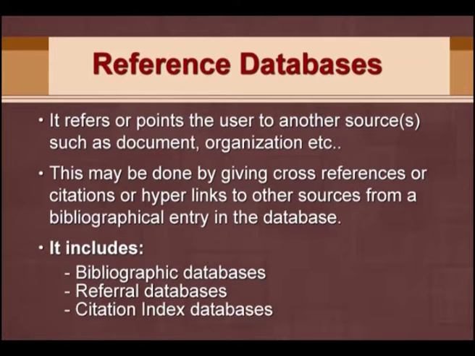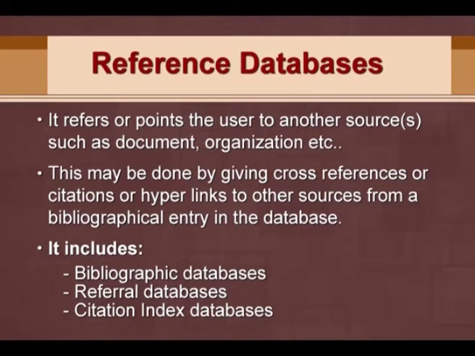For example, these reference databases include bibliographic databases, referral databases, citation index databases. Let us take an example of any thesis. Bibliographic database is nothing but, at the end of the thesis we write the bibliography, wherein we directly do not put the content inside, however we give a kind of pointer: what is the title of the paper or the title of the book, from which press it has been released, what is the volume number, or when it was published.